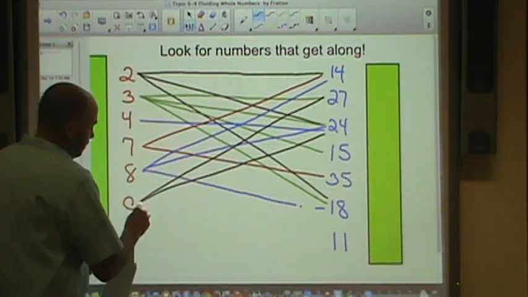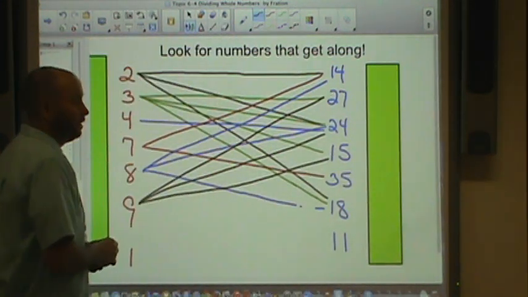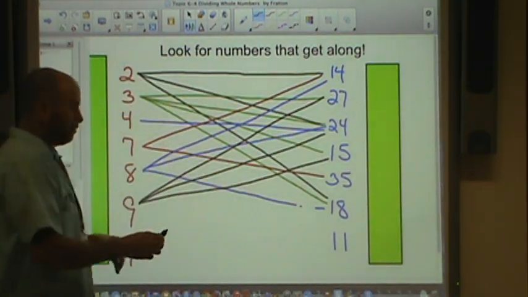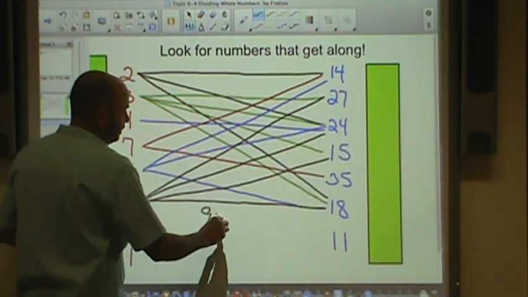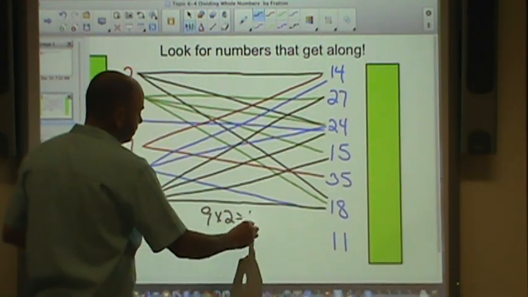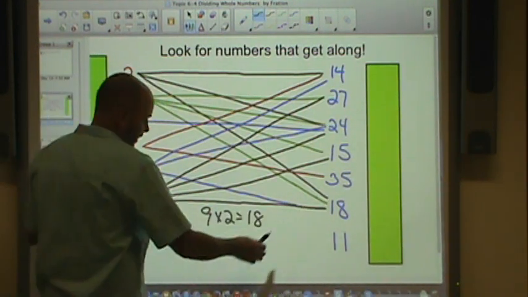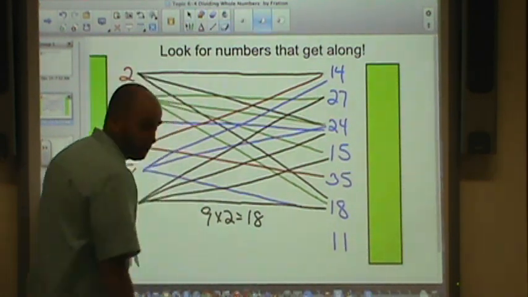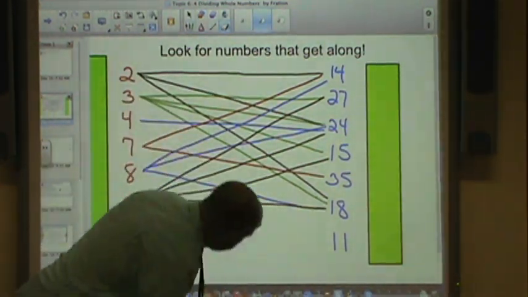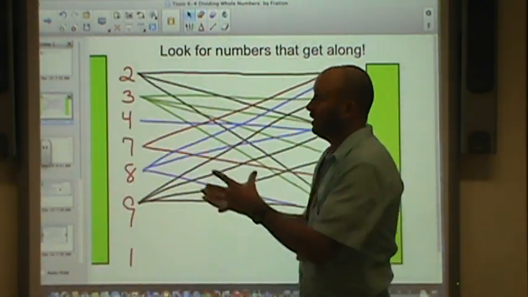So we know that 9 actually could get along with 15. 9 really doesn't get along with 35, but it definitely gets along with 18 because 9 times 2 equals 18. And 9 and 11 really don't have anything in common other than they're close to each other on the number line. So there are compatible numbers. There are numbers that get along.